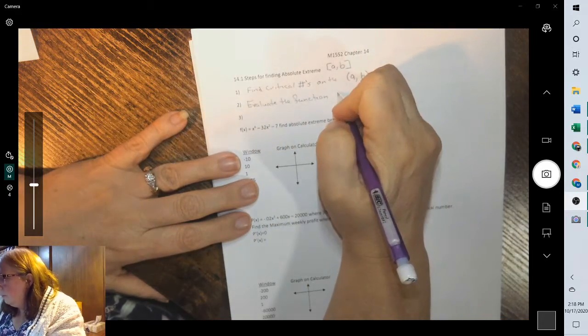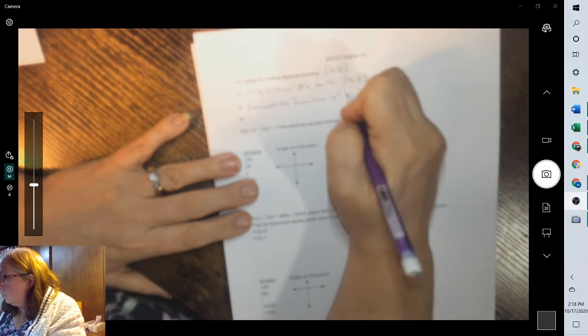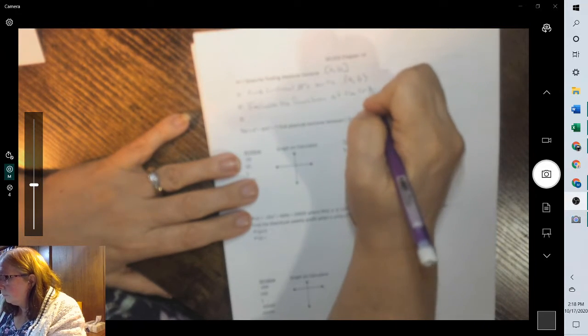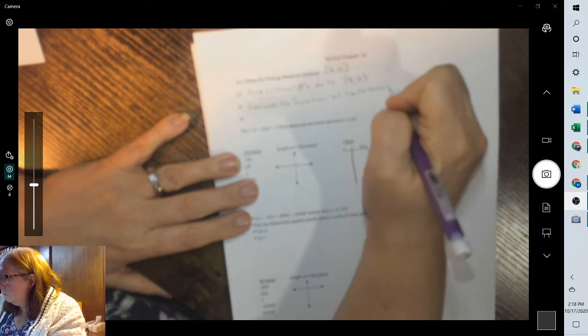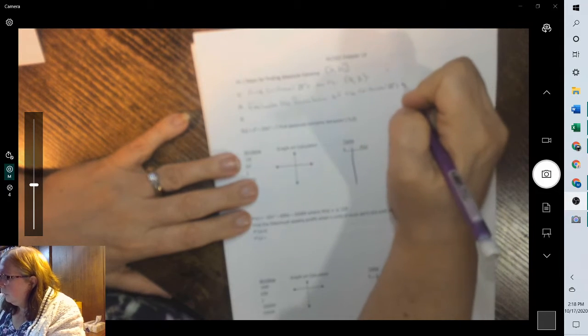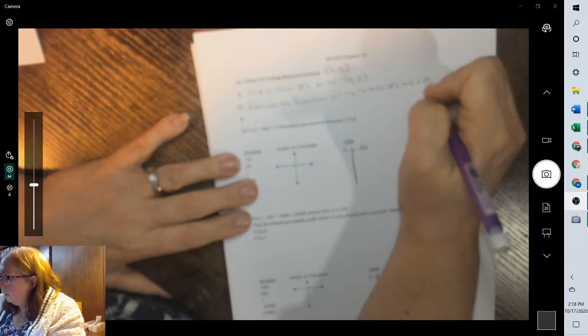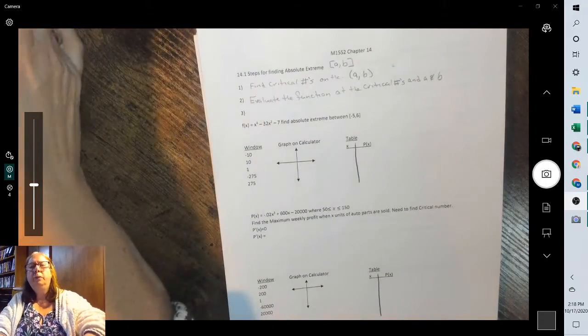Then you evaluate the function at the critical numbers and A and B. So you do your endpoints and your critical numbers.